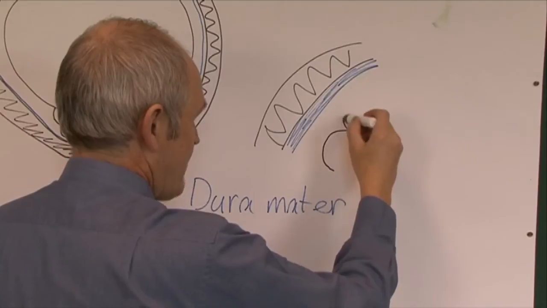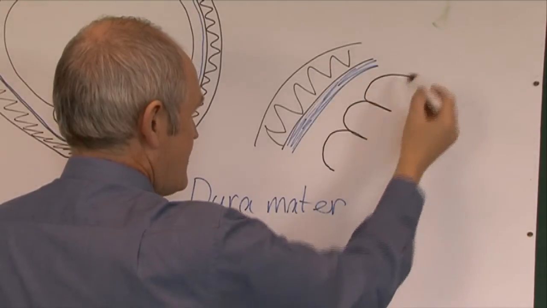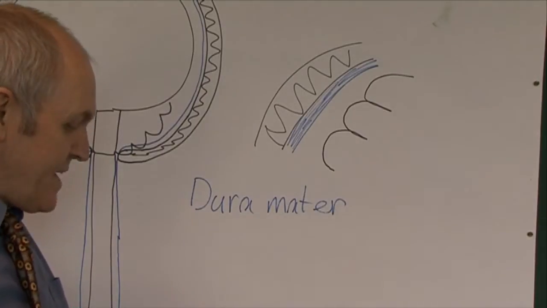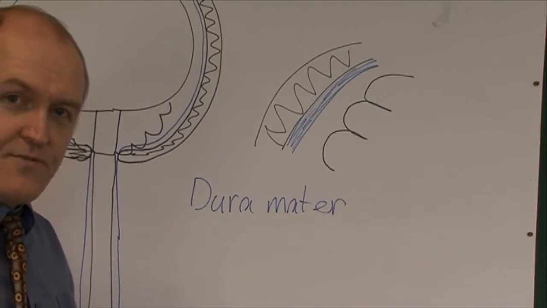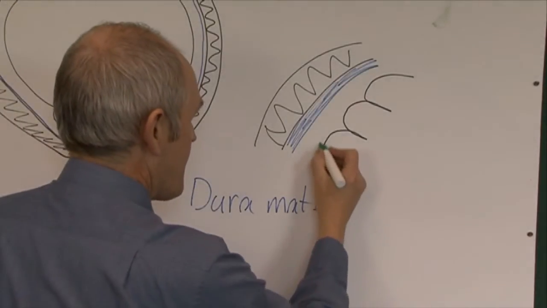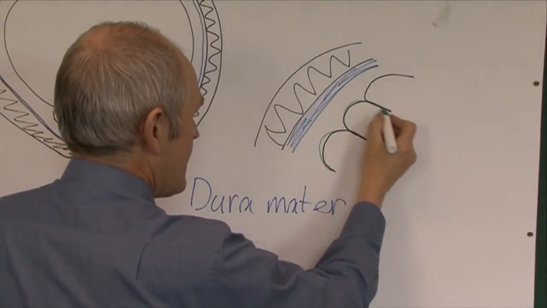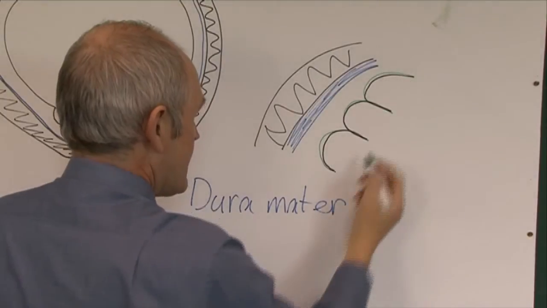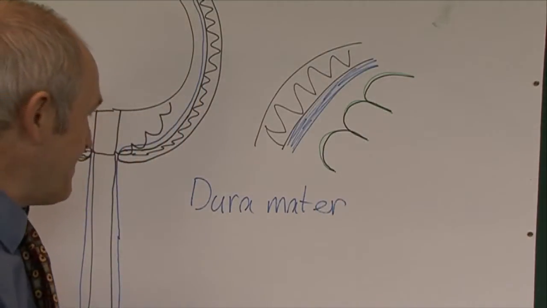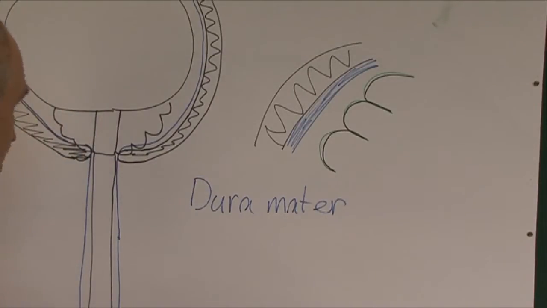As we know, that's arranged in gyri and sulci. And immediately over the surface of the cerebral cortex, there is another meningeal layer that goes up the gyri and down the sulci. It follows the folds of the brain, and this is called the pia mater.